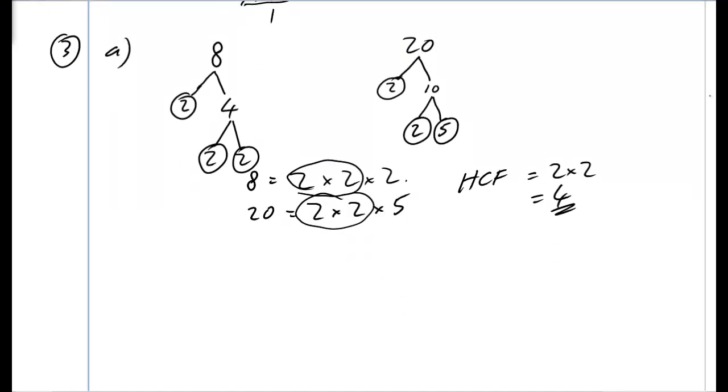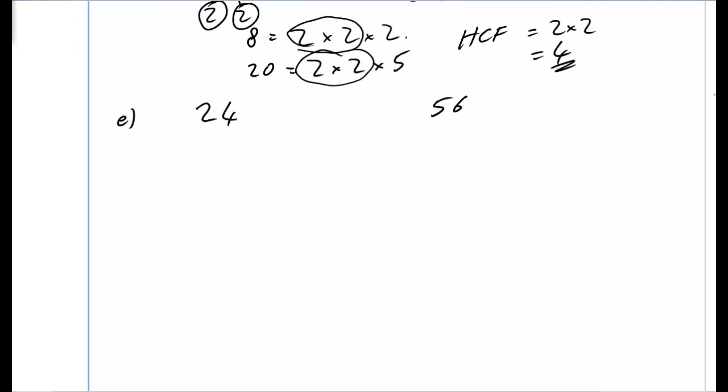Now, let's do one that's a bit harder. Let's have a look at E of number 3. We want to work out the highest common factor between 24 and 56. So we use a tree to split this up into its factors.